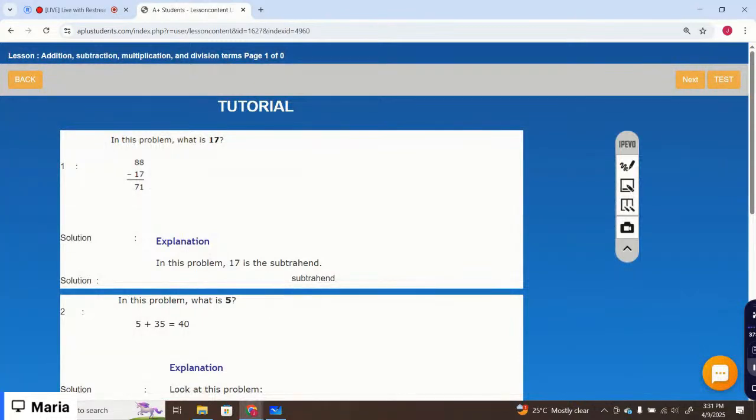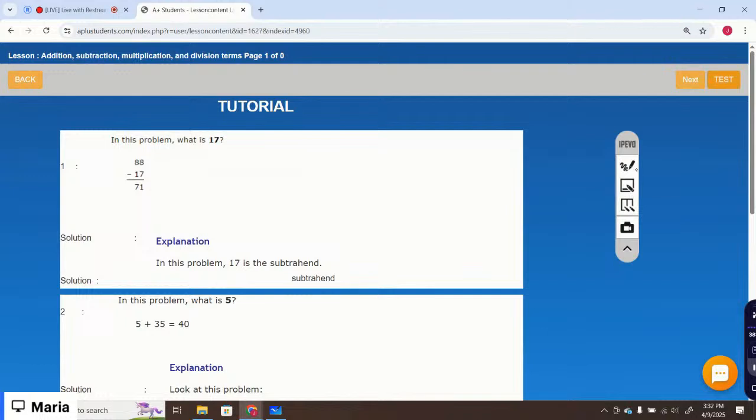In this problem, what is 17? 88 take away 17 equals 71. So 17 is the subtrahend here.